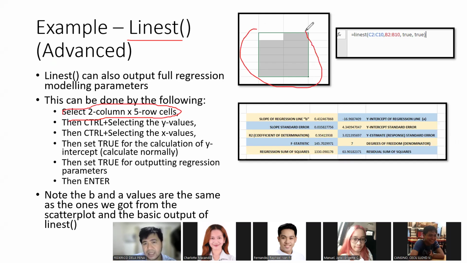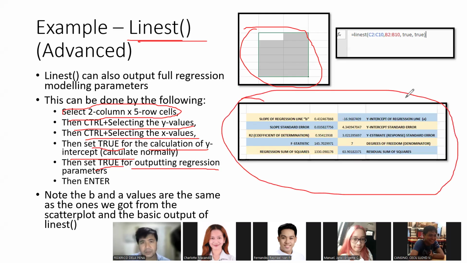So you just have to select this size of cells, and then you have to type the LINEST formula, and then input the y values and then the x values, and then set a TRUE flag for the calculation of the y-intercept so that it would normally calculate the y-intercept, and then set another TRUE flag for the output of regression parameters, and then from there you can hit enter, and you will get a set of values, right? So I hope you can see this.